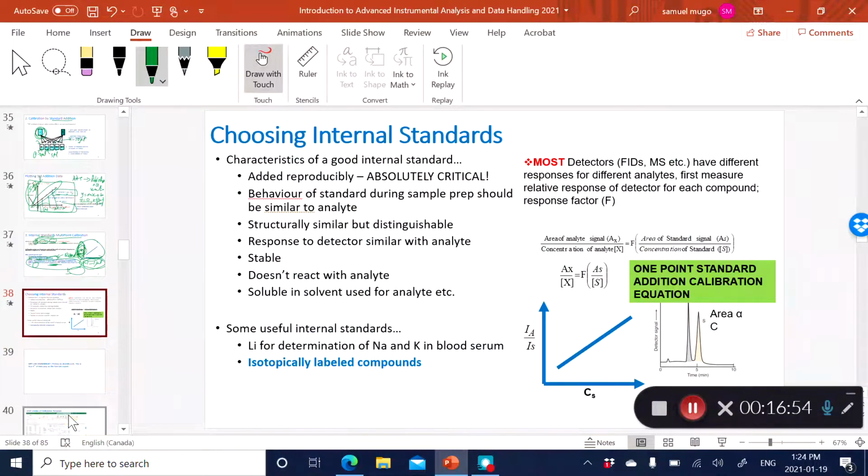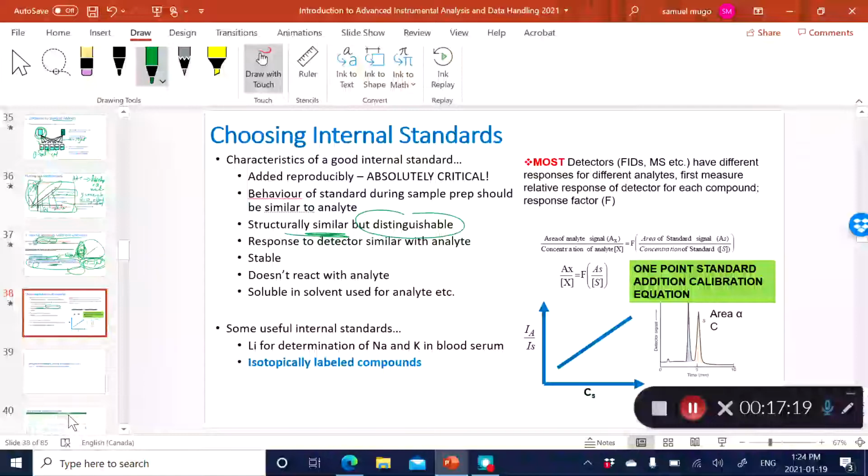So how do you choose the internal standard? The internal standard should be a chemical that is structurally very, very close to the analyte you're analyzing, but it should be distinguishable from your analyte.